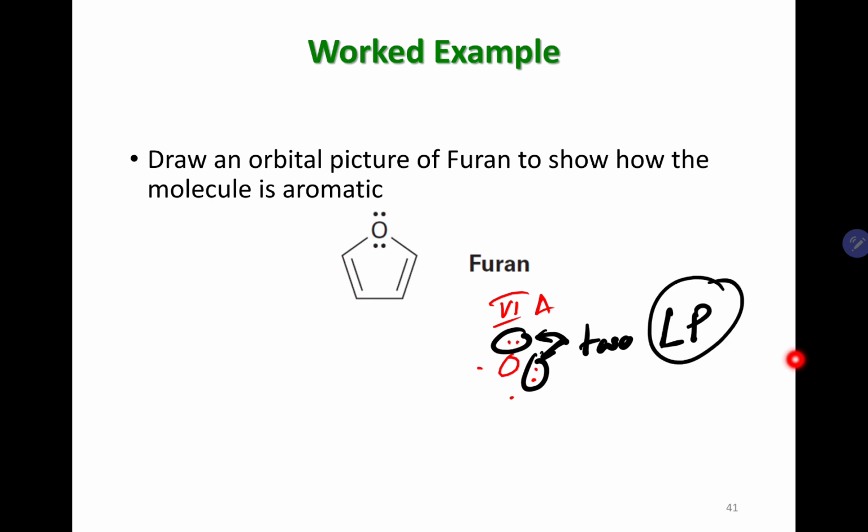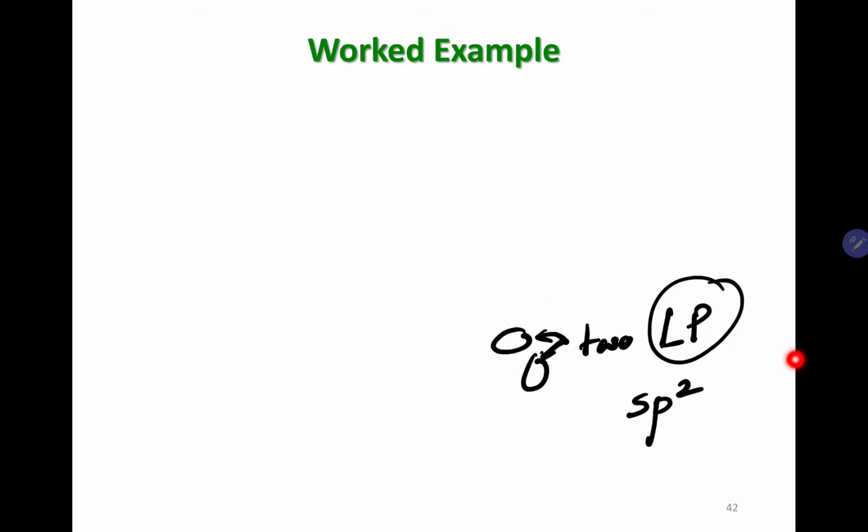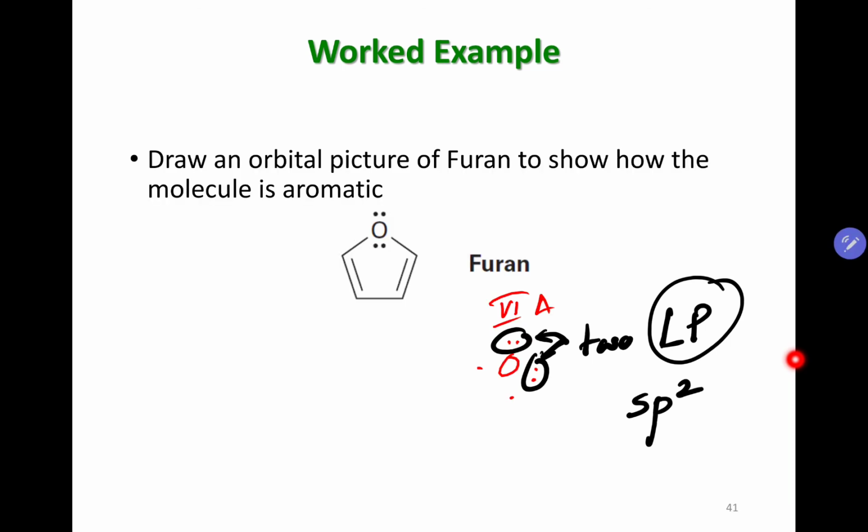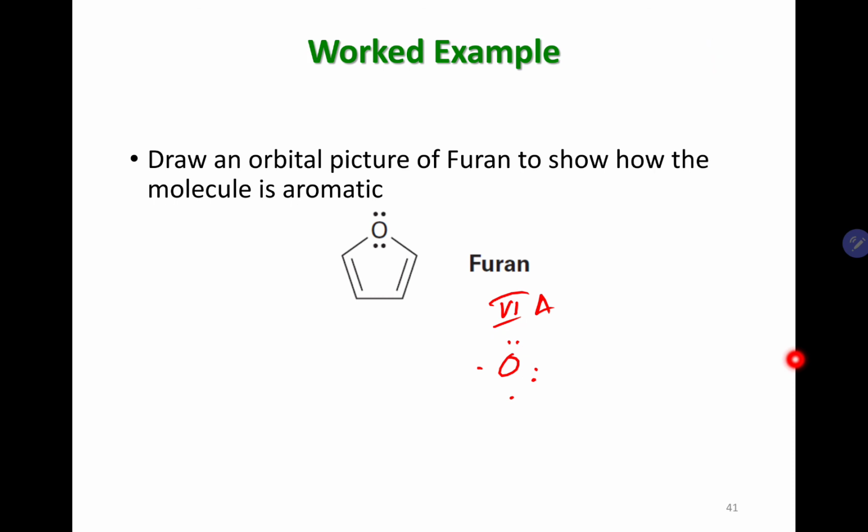When you have 2 lone pairs, and if it is sp2 hybridized, that means one lone pair will be counted in the pi electron cloud, and the second lone pair will be on the plane, so it will not be counted. All right, so here's the worked example, so you can try and see if you could get the answer.